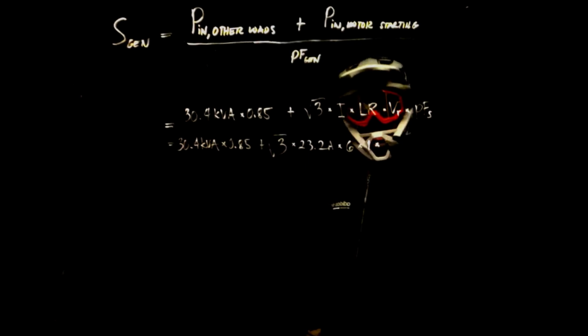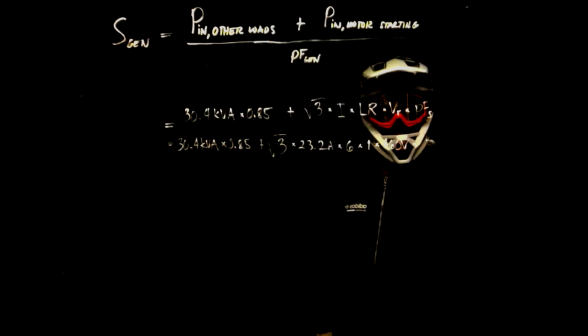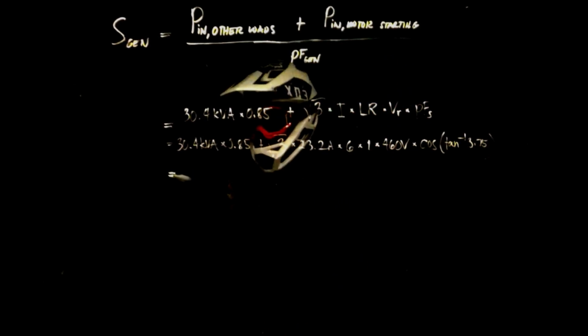The voltage is 460 volts. Then our power factor is your cosine of arc tangent of 3.75.